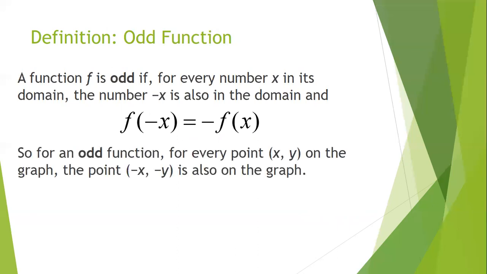So for an odd function, for every point (x, y) on the graph, the point (-x, -y) is also on the graph. Your x's and your y's are opposites.